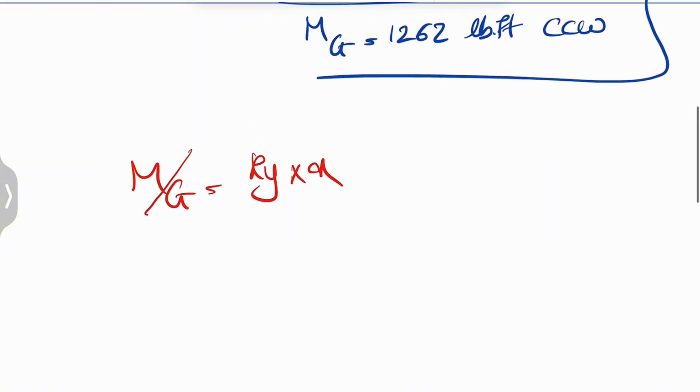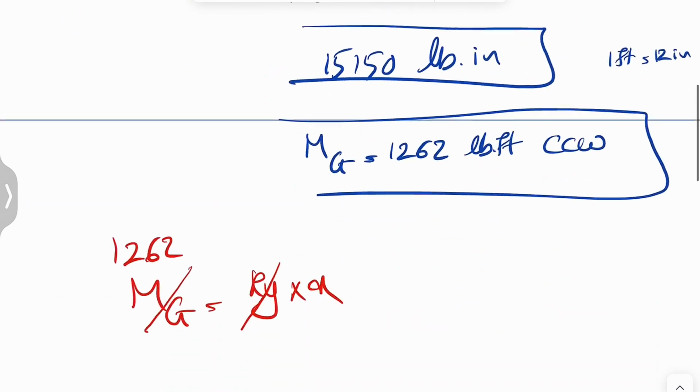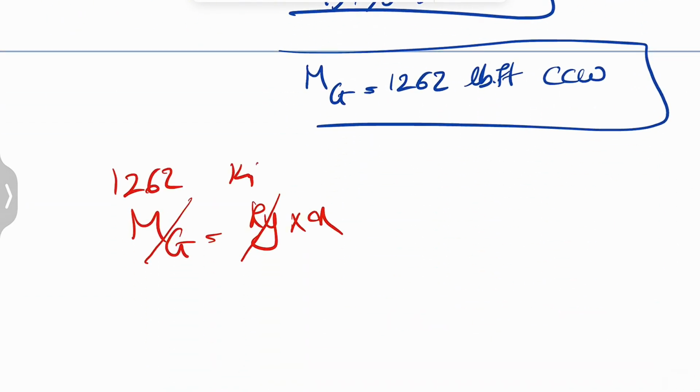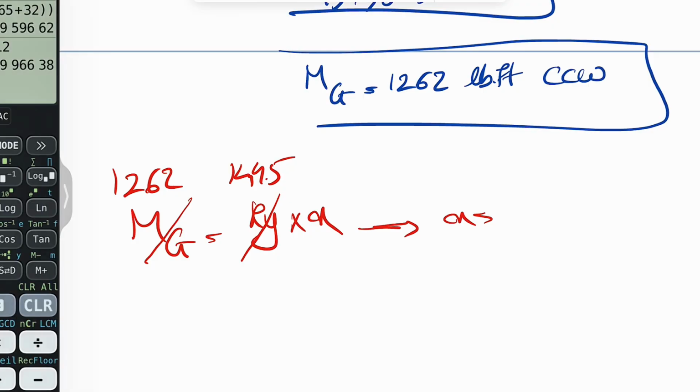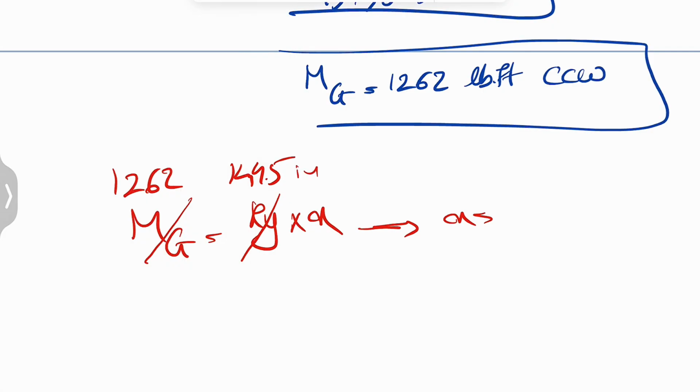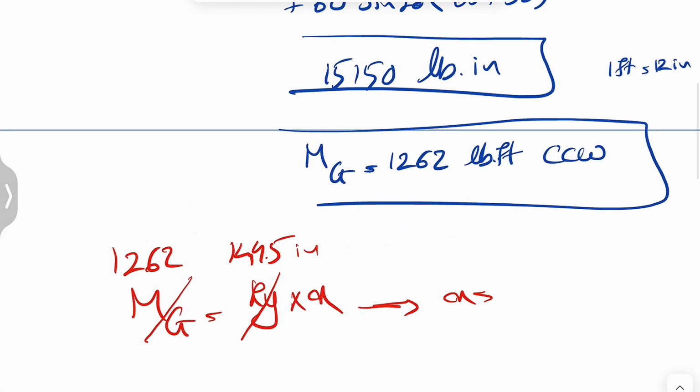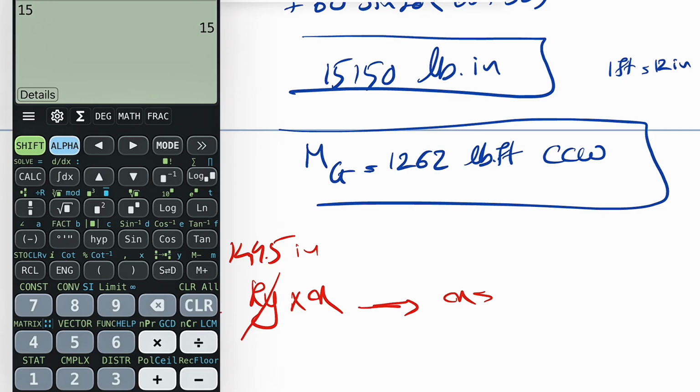So Mg we figured is 1262, Ry is 144.5. So the x in here will be, and actually since this is in inches, we're going to go with our inch unit. So we're going to keep this one 15,150. So 15,150 divided by 144.5.